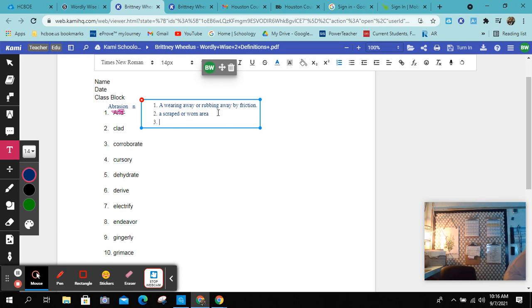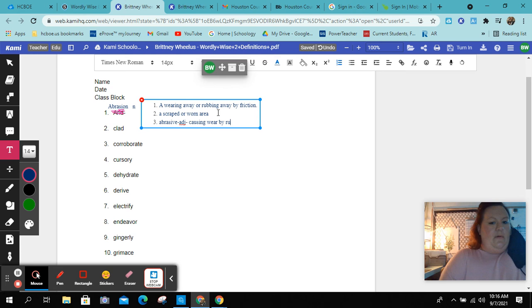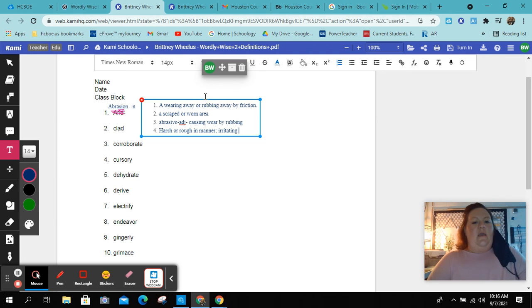And then we're going to do abrasive, and it is an adjective meaning causing wear by rubbing. Right? And then we have a second one, and it means harsh or rough in manner, irritating. Okay?